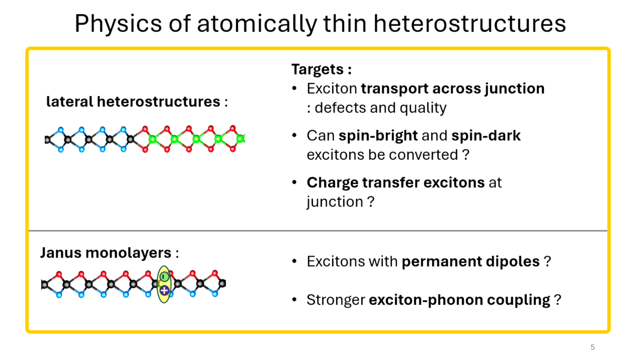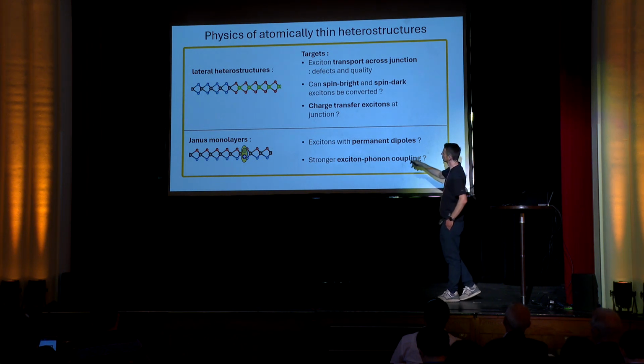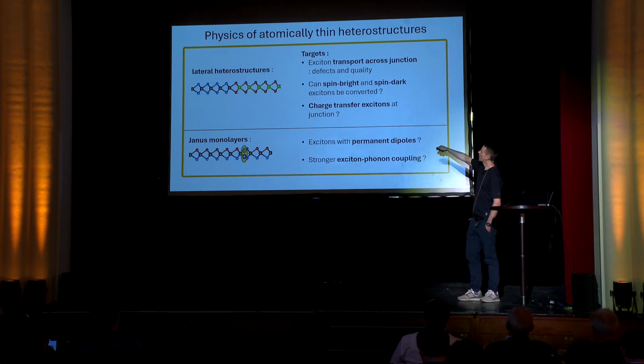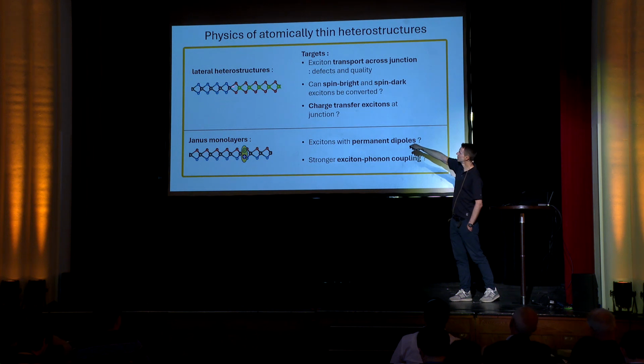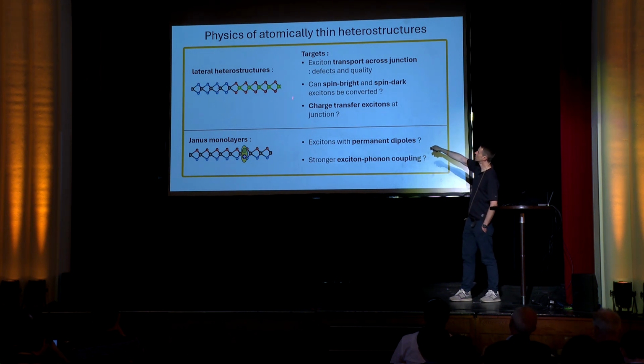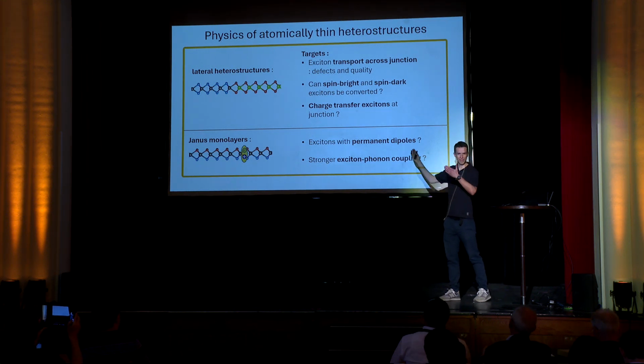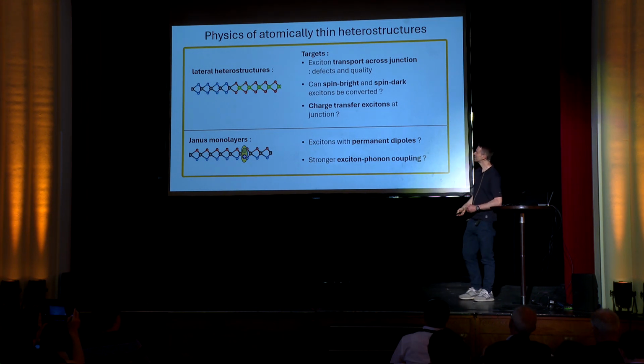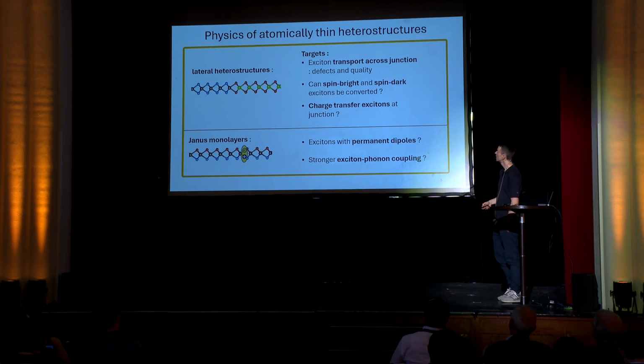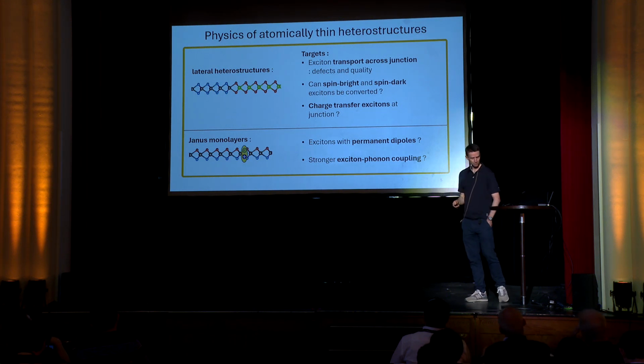Then also for the materials in question, you have very different species of excitons on the left or on the right side. If this is MoSe2 and WSe2, you have to think about how you convert spin bright into spin dark excitons or vice versa. And also we wanted to look at some new exciton species, which will occur here at the interface. And I'm just going to give you an update on this. This is more or less also the future plans list, because we did make progress, but also, of course, discovered a lot of additional questions on the way.